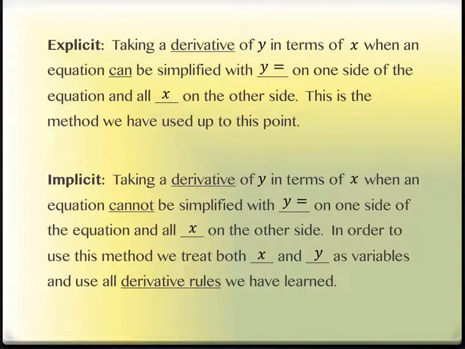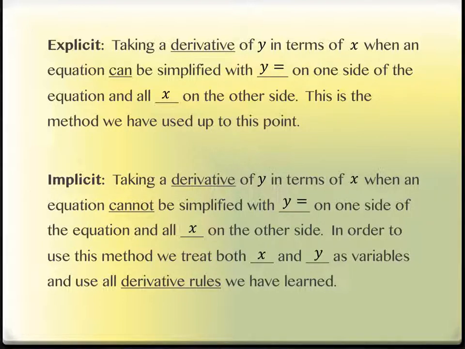Okay, let's take a look at what implicit then means. Implicit means taking a derivative of y in terms of x when you either cannot separate y on the left, x on the right, or maybe you can, but it's easier not to. In order to use this method, we have to treat both x and y as variables, and then we use all the derivative rules we've learned so far.